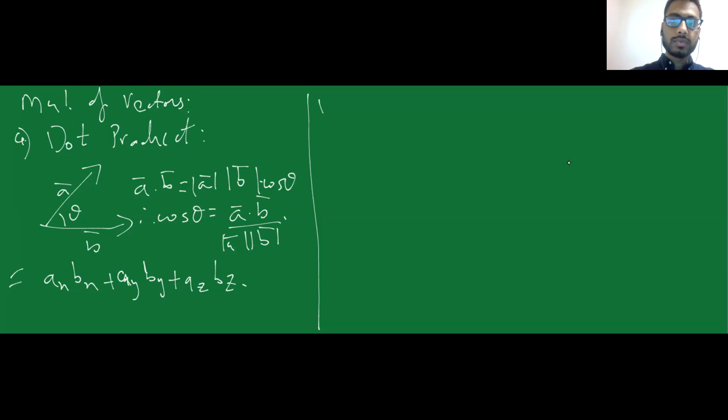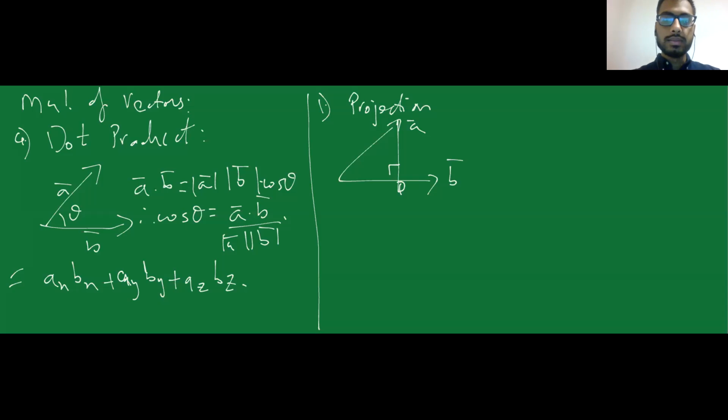Let us see what is the geometrical importance of dot product. So dot product is nothing but projection of vector A bar on another vector B bar. Suppose this is your vector A bar, this is your vector B bar. I am going to draw a perpendicular from A bar onto B bar. Let us say that perpendicular meets at point D. Let us say the origin is O. Then this distance from O to D is my projection.